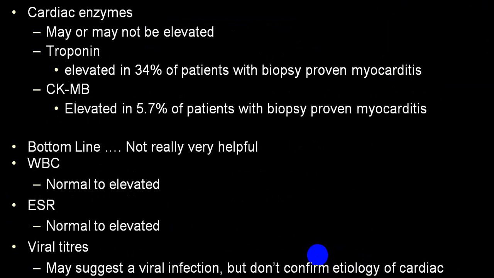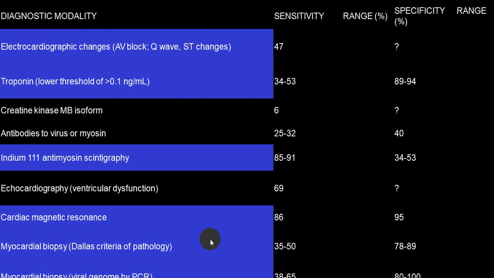Cardiac enzyme will just tell you myocardial cell involvement and damage, injury. WBC will give you an idea regarding bacterial or viral. ESR will tell you regarding inflammatory process, and PCR will give you idea regarding the type of viral involvement.